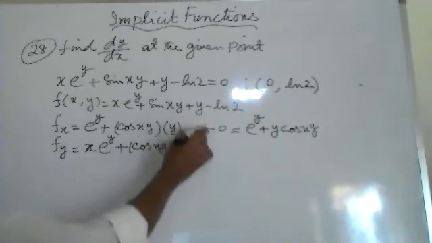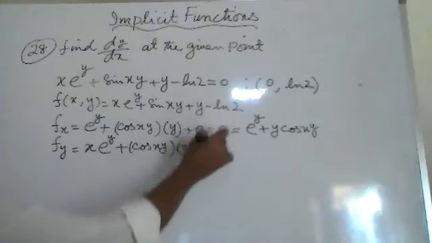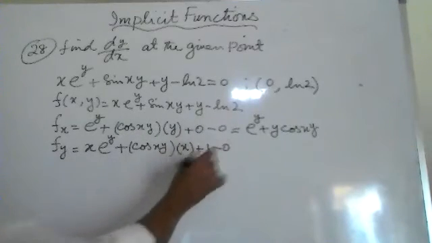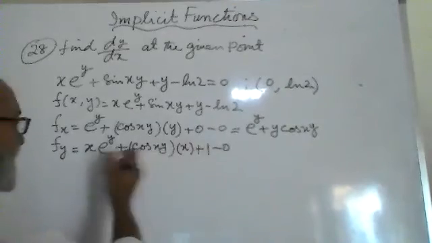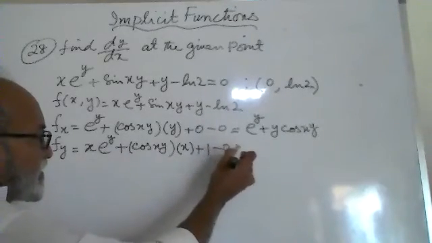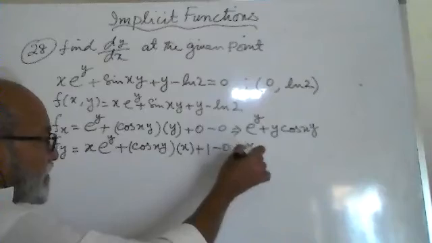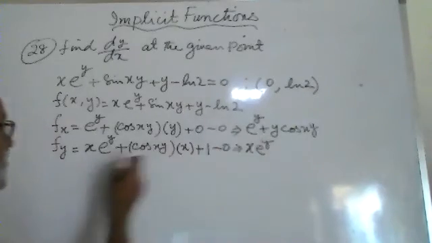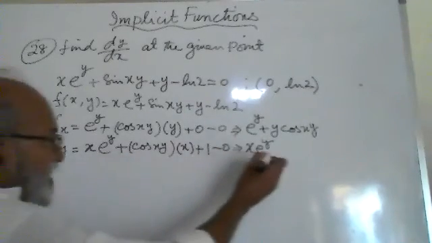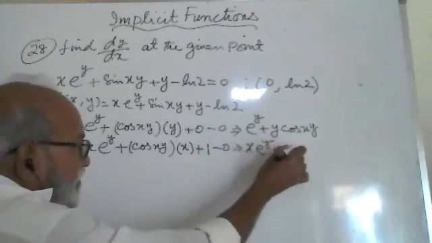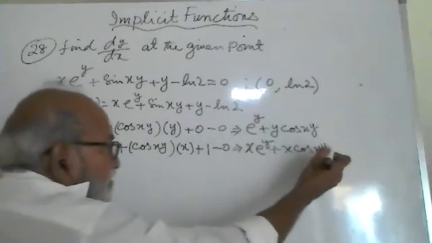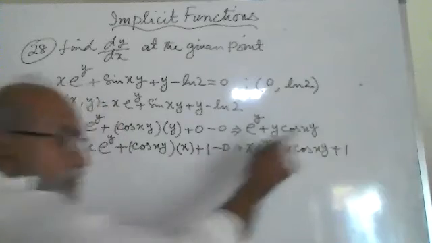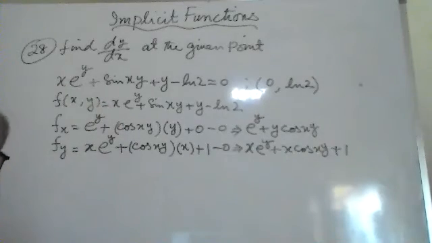Plus the derivative of y will be 1, and the derivative of ln 2 will be 0. So it will become x e raised to power y plus x cos xy plus 1. This is the answer of f of y.